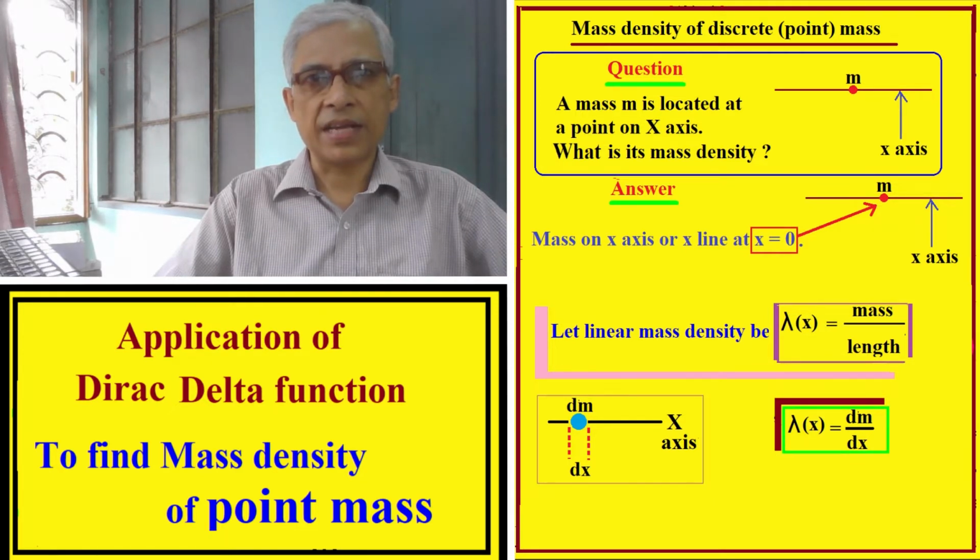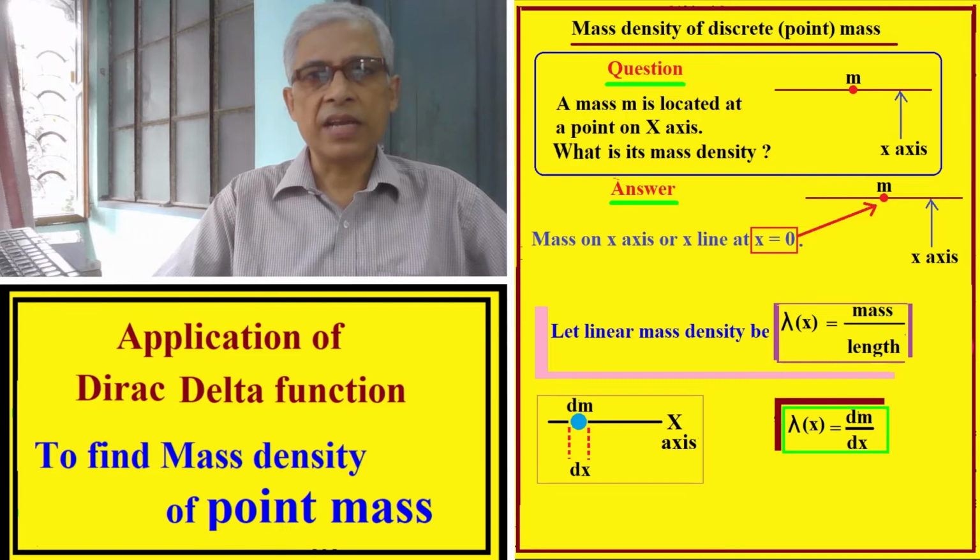Mass being on a line which we take to be the x-axis, let us think of a quantity which is mass divided by the length that the mass occupies, that is, the linear spread or extent of mass, and define it as the linear mass density lambda.